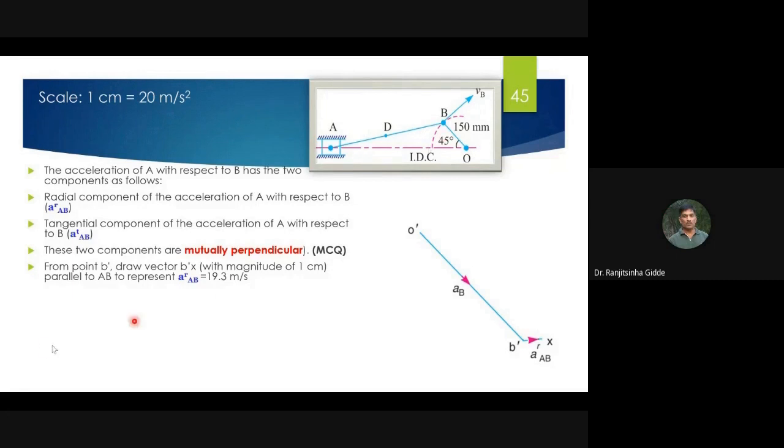Okay. So here the radial component of acceleration of A with respect to B, that is denoted by ARAB. This we have drawn.